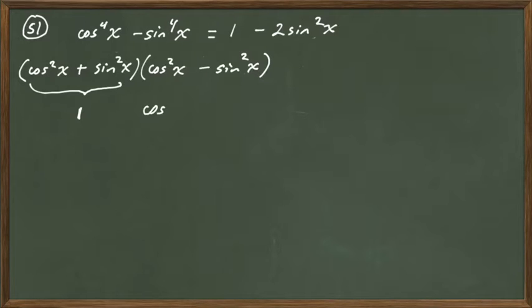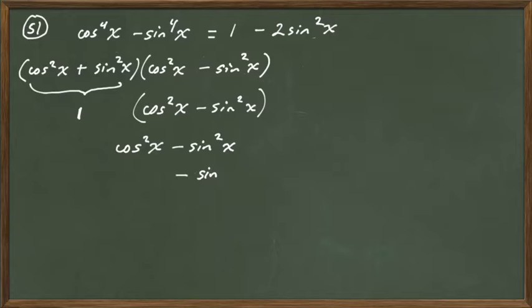So really, this is all that I have left, right? Because what is this times 1? It's itself, cosine squared minus sine squared. Now, I'm hoping after extensive work on this that you're going to know that sine squared plus cosine squared equals 1.